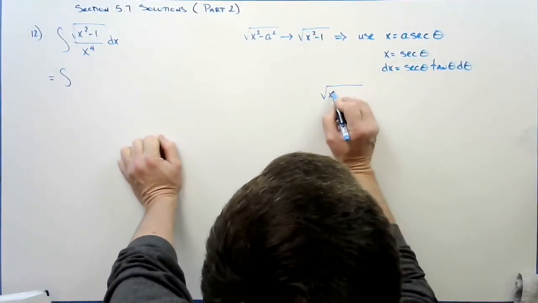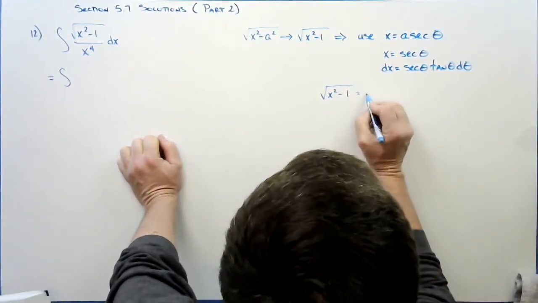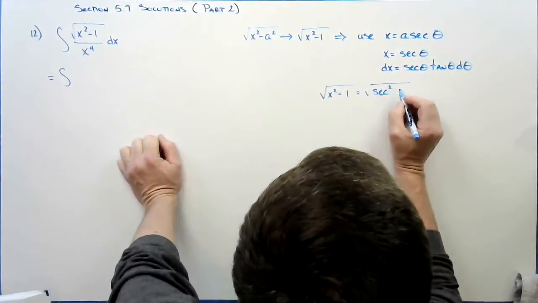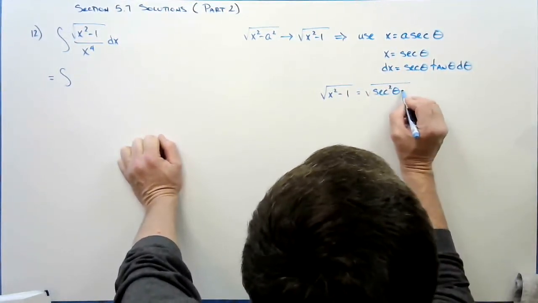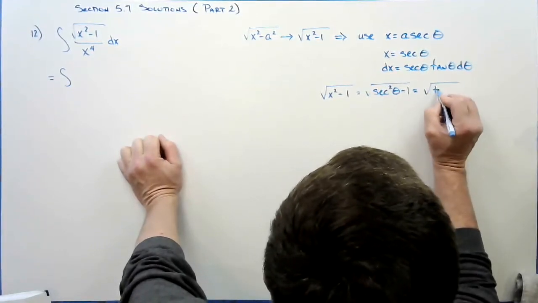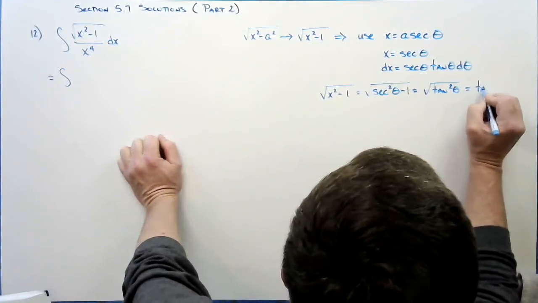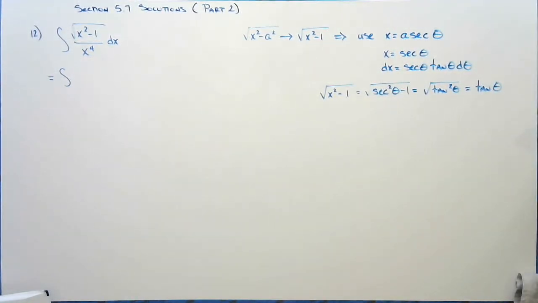We have the square root of x squared minus 1, and that's going to equal the square root of secant squared, replacing x with secant theta, then squaring it, secant squared theta minus 1. Secant squared theta minus 1 is tangent squared theta. And that's going to give us tan of theta for our expression, the square root of x squared minus 1.